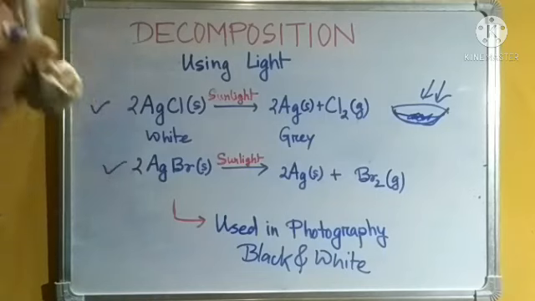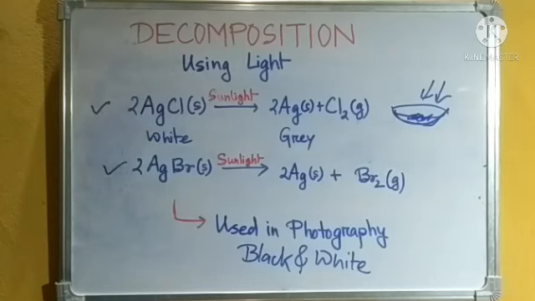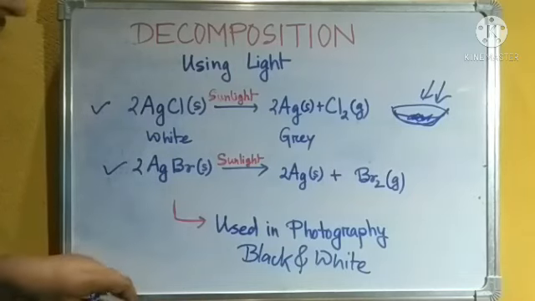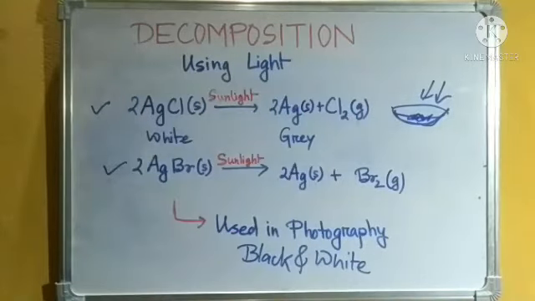In decomposition reactions, we have seen decomposition using heat, decomposition using light, and decomposition using electricity. In all three types of decomposition reaction, we are providing energy, either in the form of heat, light or electricity, so that the reaction can take place. That means all decomposition reactions need energy to occur, so all decomposition reactions are endothermic reactions. What was an endothermic reaction?